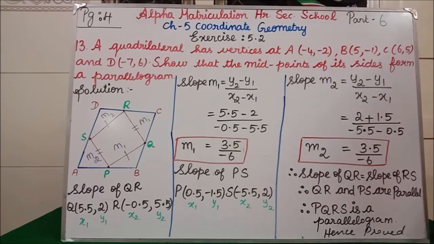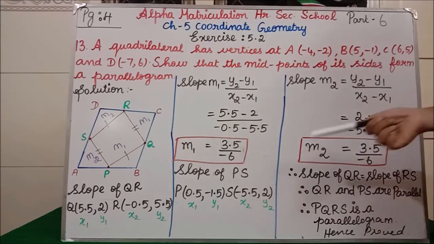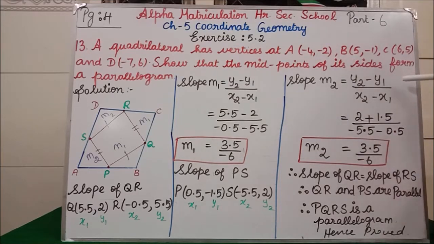Next, another side is what? Slope of PS. Now this is M1, and the other we are going to find is M2. So we know the P value and S value. Again the two-point formula. What is the y2 value? 2. The y1 value is minus 1.5. Here minus, minus becomes plus 1.5, divided by the x2 value, which is minus 5.5, minus the x1 value, 0.5.